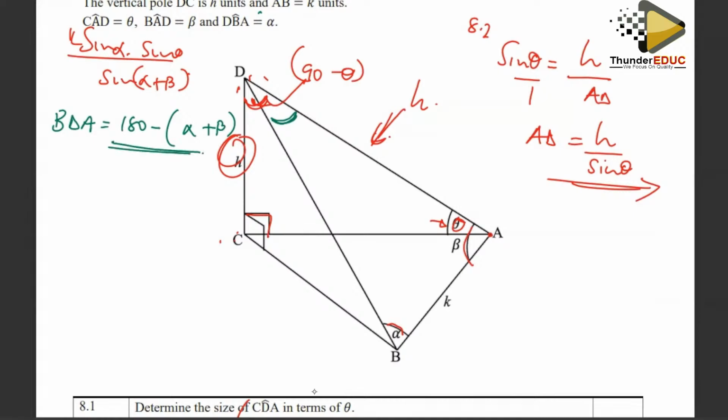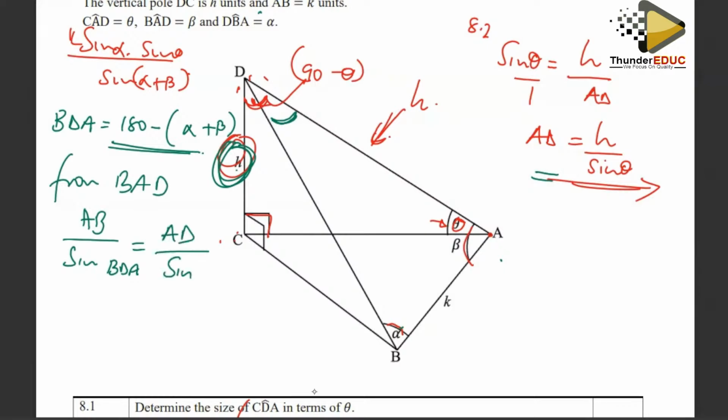Then I can use, because I already have my representation of h by 8.2, the triangle BAD. From BAD, let's use the sine rule and say that AB over the sine of BDA should be equivalent to AD over the sine of DBA.